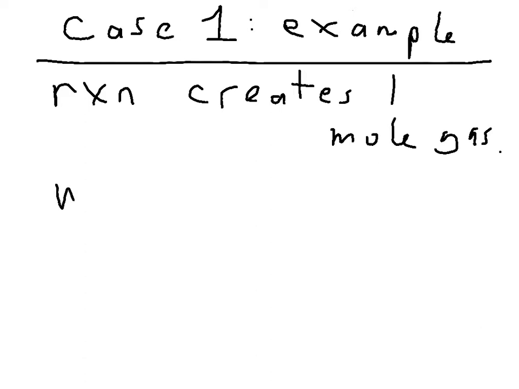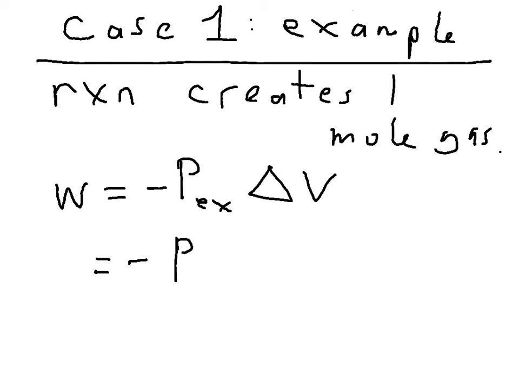In this case, the work done in pushing back the atmosphere is the negative of the external pressure times delta V. Well, you created 1 mole of gas, and you didn't have any gas at all, so delta V is just the volume that is occupied by that 1 mole of gas.